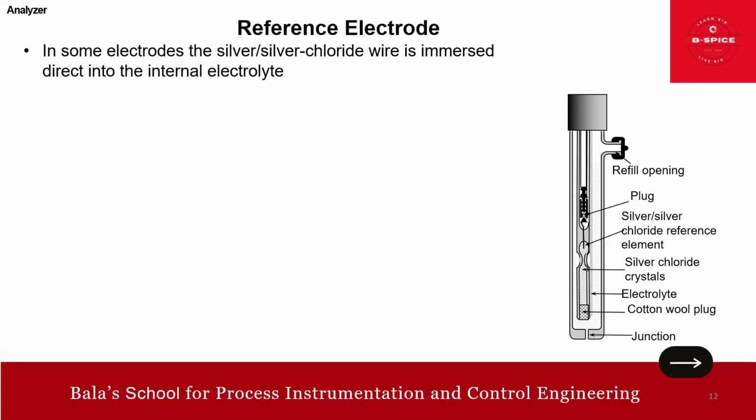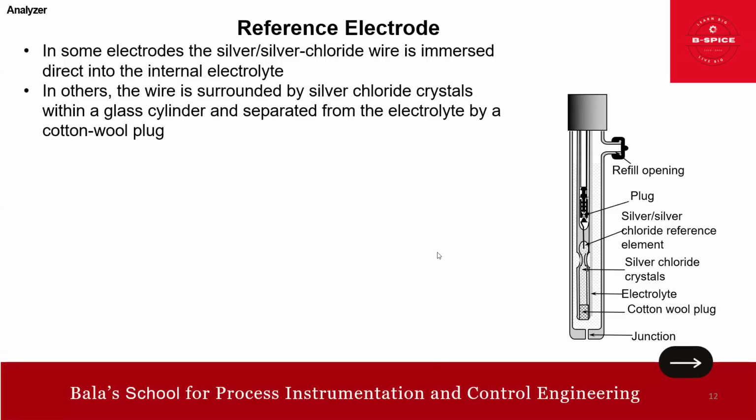In some electrodes, a silver chloride wire is immersed directly into the internal electrolyte. You can see here, this is the silver chloride element, directly in the internal electrolyte. In others, the wire is surrounded by silver chloride crystals within a glass cylinder and separated from the electrolyte by a cotton wool plug.